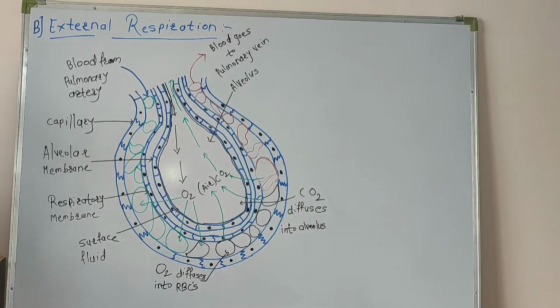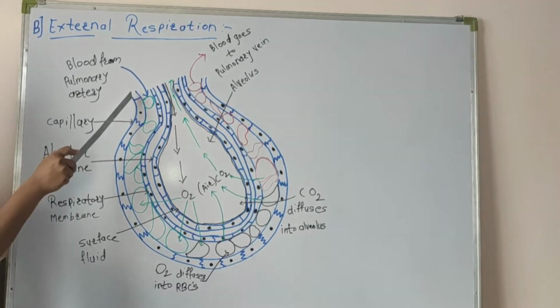Basically in external respiration, first we have to understand that this external respiration occurs between the blood capillary, that means blood, and the alveoli. You can see this diagram.